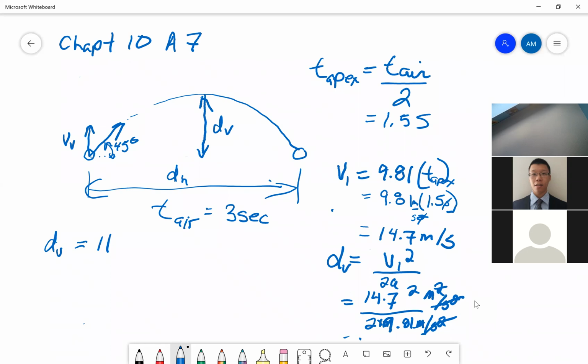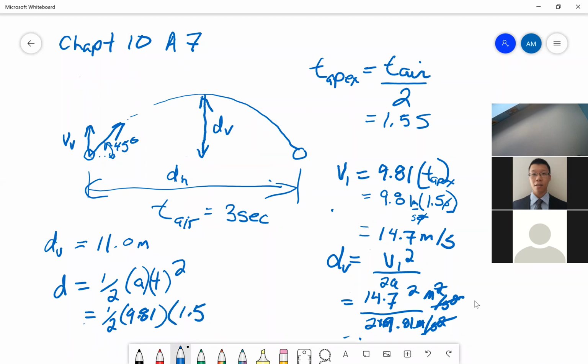Yeah. Okay, so mathematically that's the answer, but are there other ways to do that? Yes, you could also use equation 2V, which is D equals 1/2 A times T squared, which is 1/2 times 9.81 times 1.5 squared.